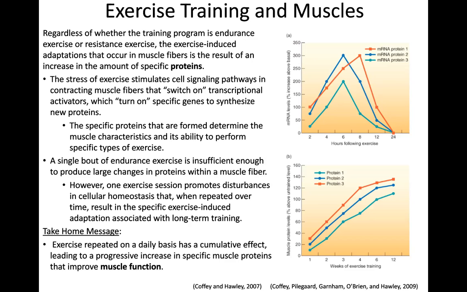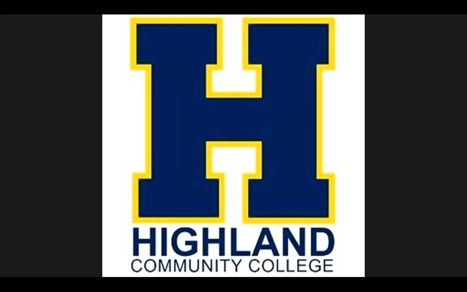And it's all because the stress of exercise stimulates cell signaling pathways in contracting muscle fibers that switch on transcriptional activators, which turn on specific genes to synthesize new proteins, okay, which is a really long-winded mumbo jumbo sentence, okay? But let me see if I can describe it another way.